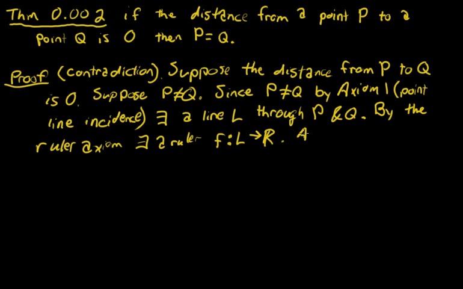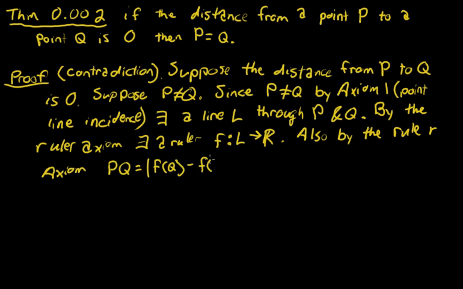Also by the ruler axiom, PQ equals f of Q minus f of P, and we take the absolute value of that.